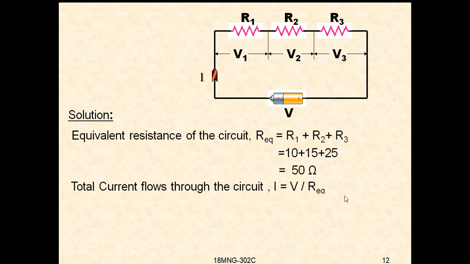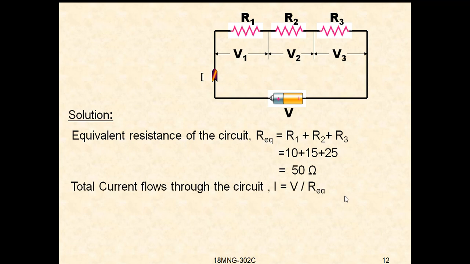And to find the current flowing in this circuit, according to Ohm's law, I is equal to V by R equivalent. The value of V is given and we have found the value of R equivalent.